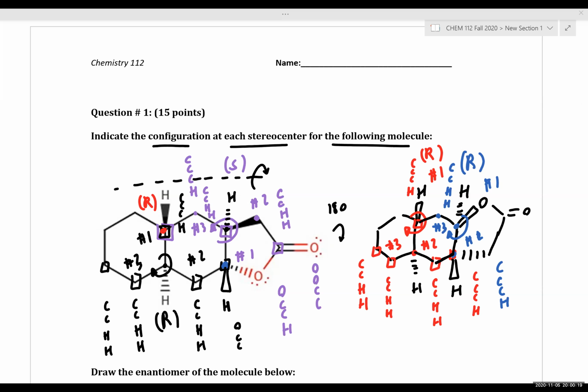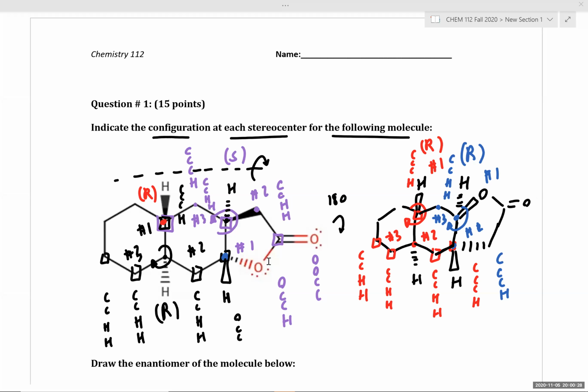Now, just for those curious, you can check your work by inputting a structure into Marvin Sketch. Give it a moment to load up.